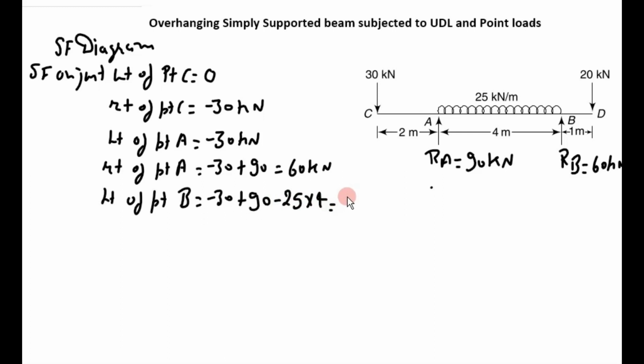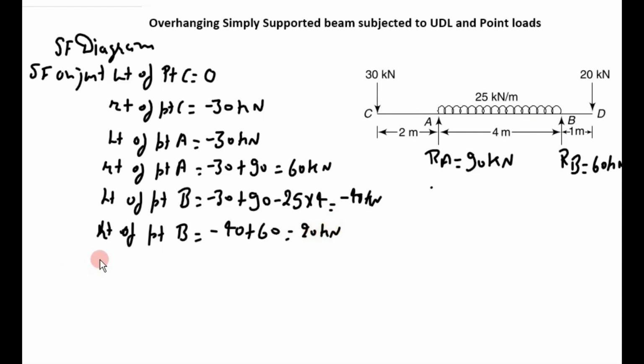So net becomes minus 40 kilonewton. Then just right of point B: minus 40 up to just left, and just right, minus 40 plus 60. Place your finger just right, minus 40 is this and plus 60 is this. So net becomes 20 kilonewton.